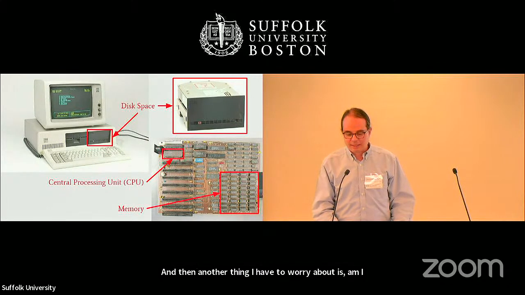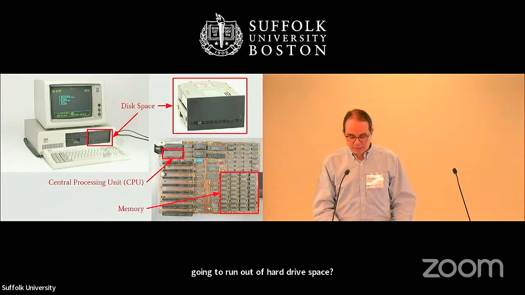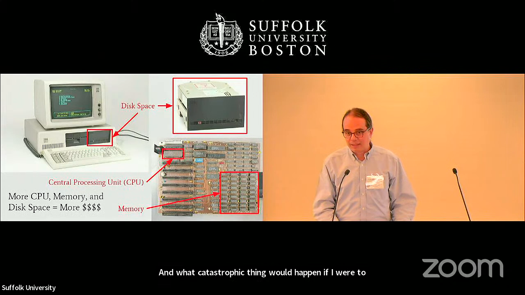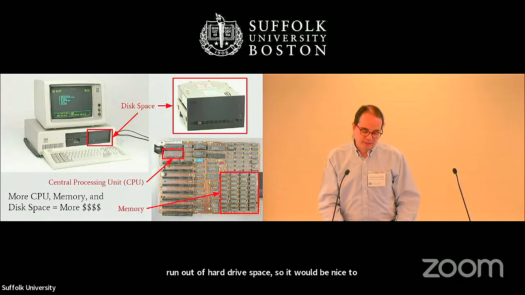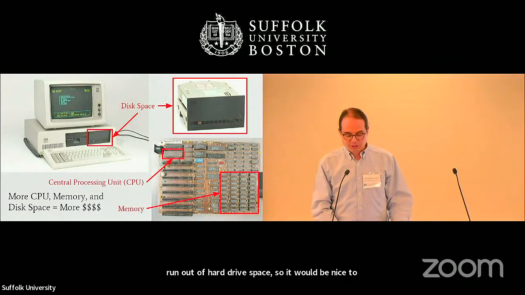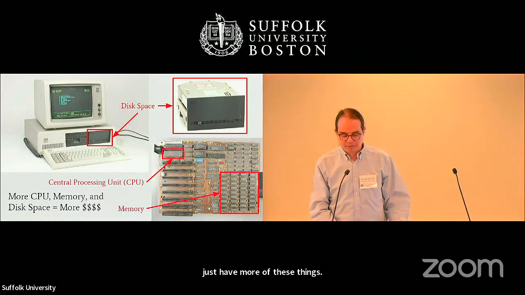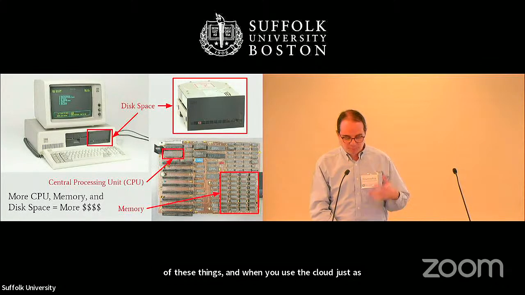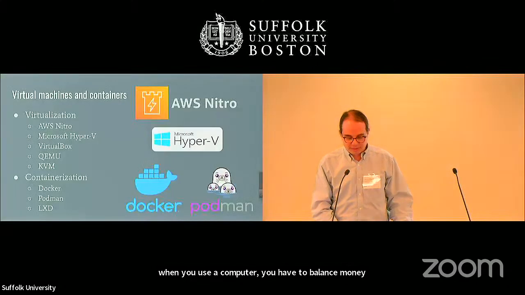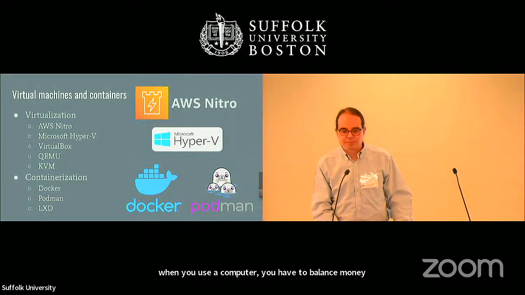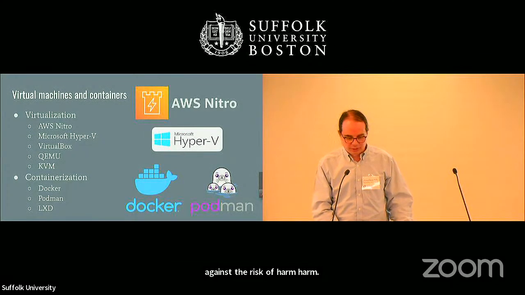And what catastrophic thing would happen if I were to run out of hard drive space? So it would be nice to just have more of these things, but unfortunately, it costs more money to have more of these things. And when you use the cloud, just as when you use a computer, you have to balance money against the risk of harm happening due to running out of resources.